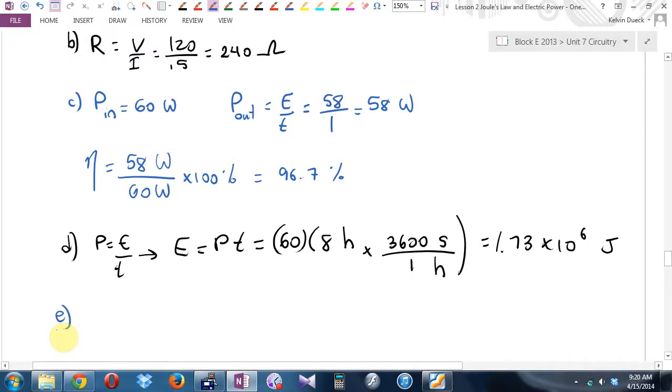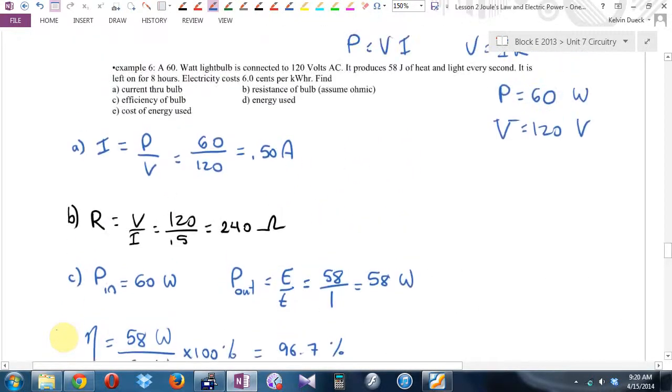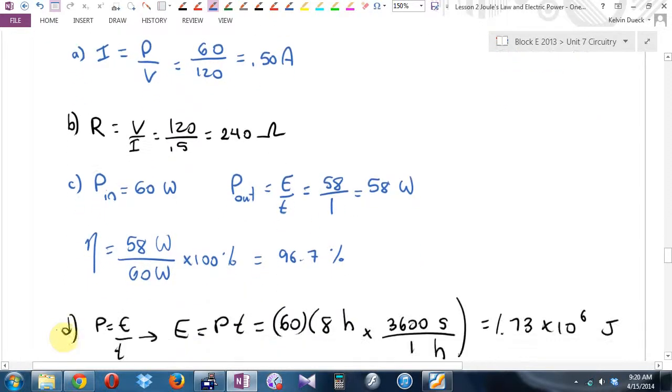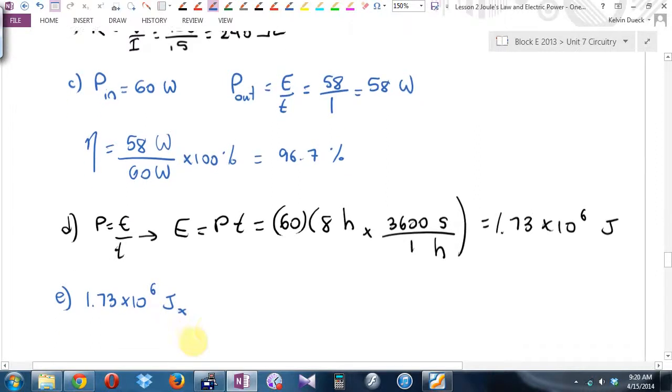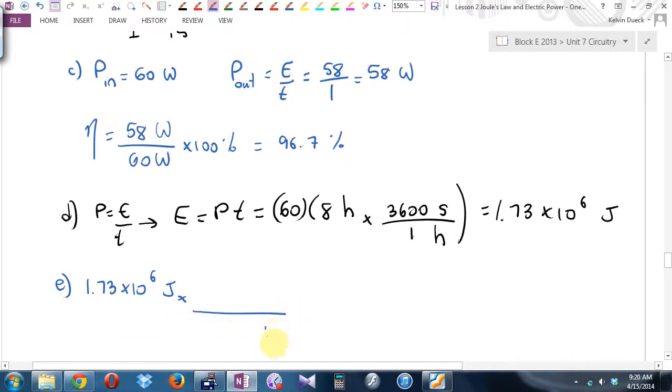What's this going to cost? Well, first I have to convert this joules of energy into kilowatt hours. So I'm going to start out with the 1.73 times 10 to the 6th joules. And then I had that conversion factor for joules for kilowatt hour. 1 kilowatt hour was, what was the conversion factor from the previous page? 3.6 times 10 to the 6th joules.